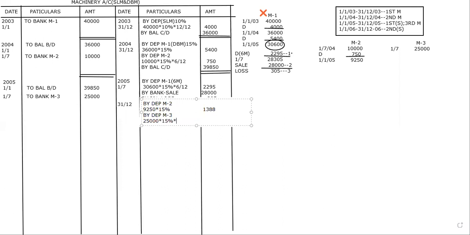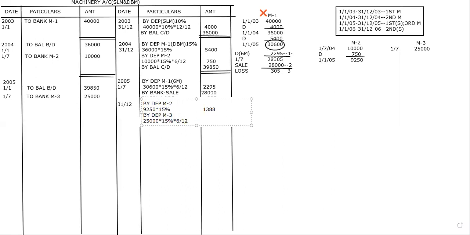So I have written in the working part also when we purchased the asset. 1st July. So July to December, how many months? July, August, September, October, November, December. 6 months.